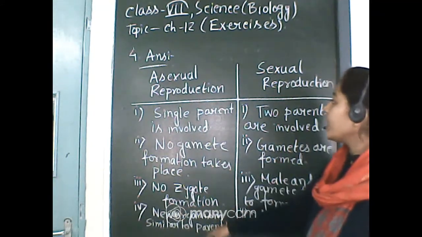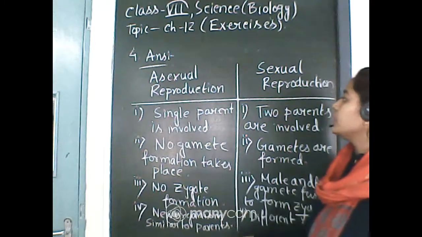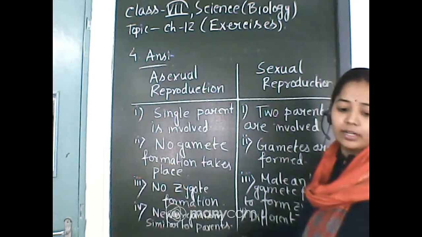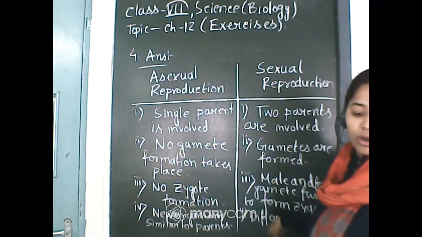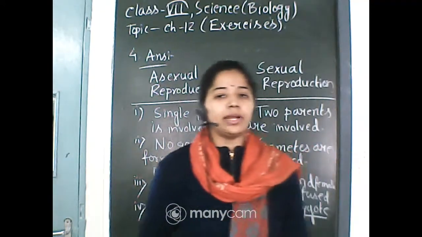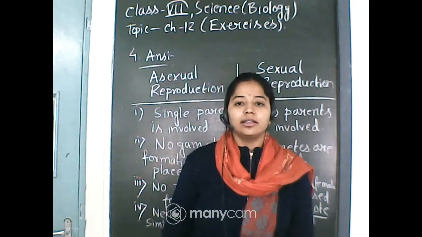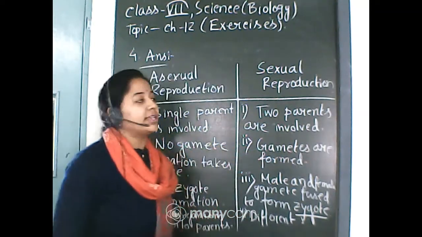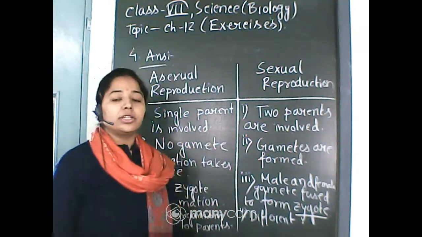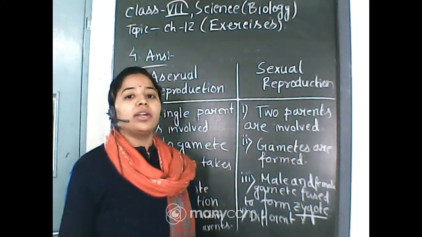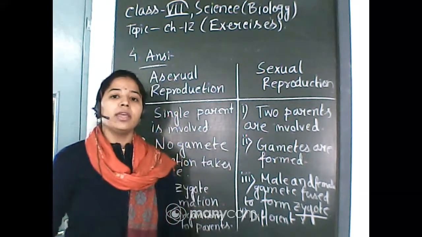The next difference is that in asexual reproduction the new organism is similar to the parent, but in sexual reproduction the new organism is different from the parents. Another thing you can write is examples.